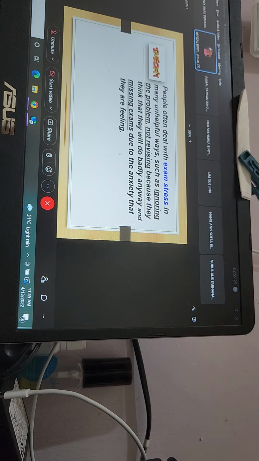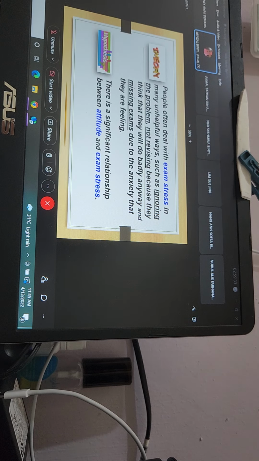And what is the best hypothesis? How can we develop the hypothesis based on this theory? This can be the hypothesis: there is a significant relationship between attitude and exam stress. You need to create this because these are the things you want to answer in your research.